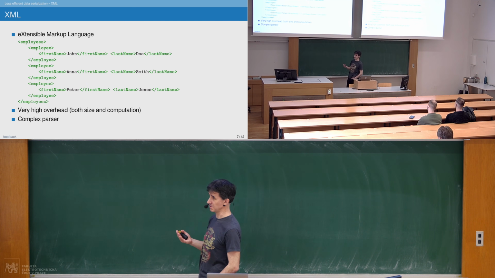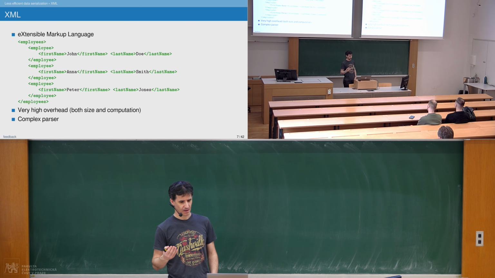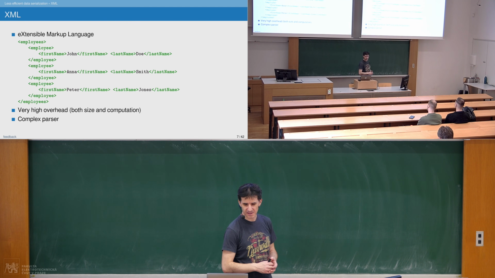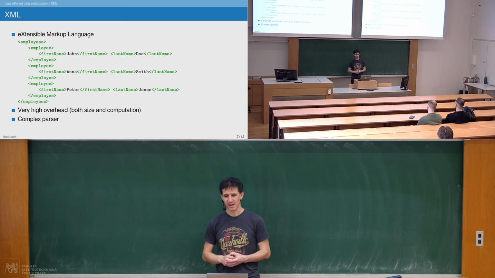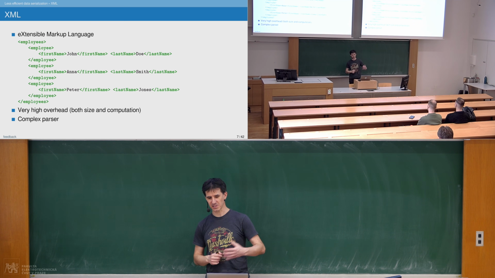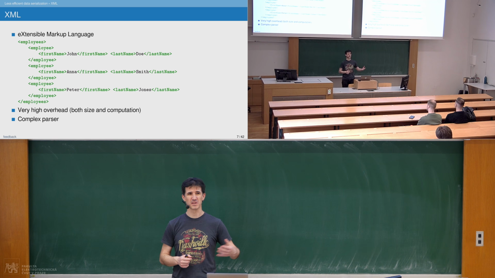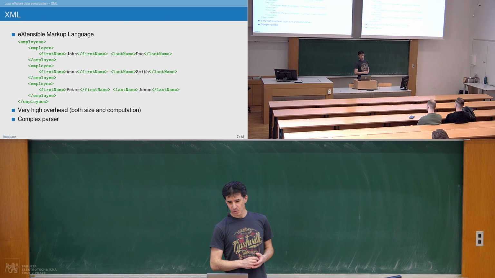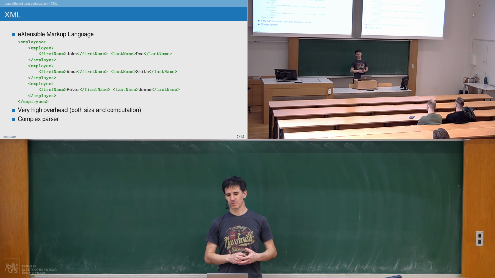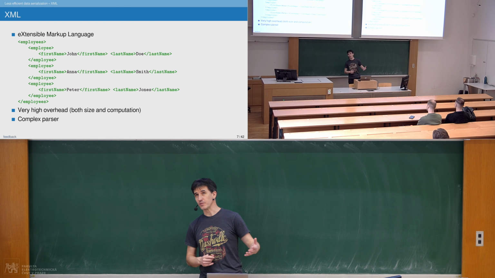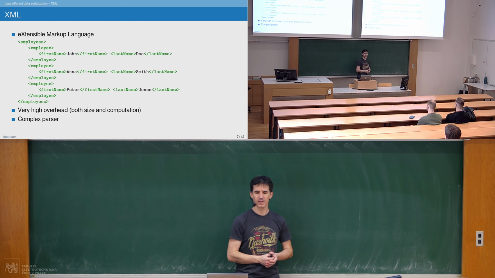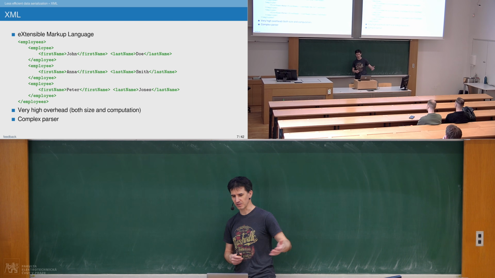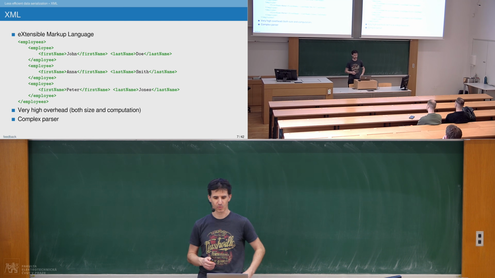The XML standard is very, very rich. There are a lot of things that you might not even know exist in XML, and if the XML parser needs to support it all, it's very complex, therefore quite slow. So choose XML only if you need to talk to somebody who doesn't understand anything else than XML. Otherwise, almost everything else is more efficient.